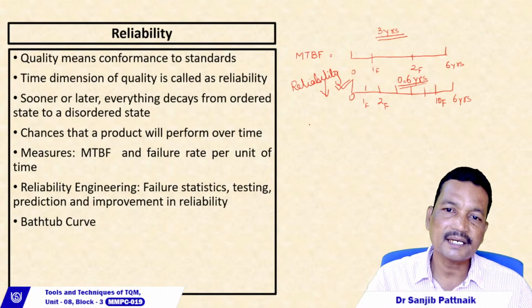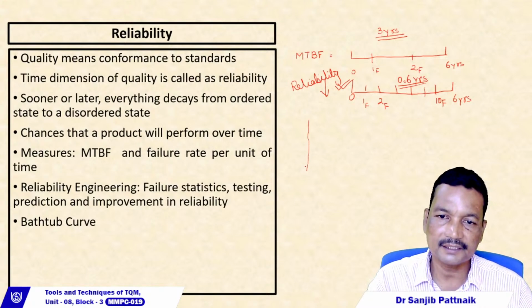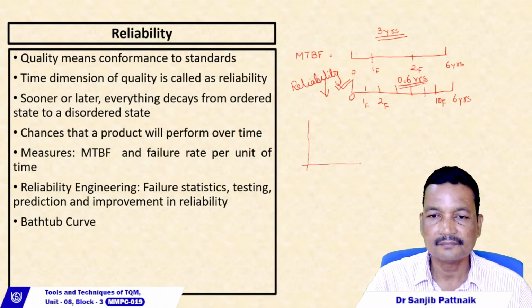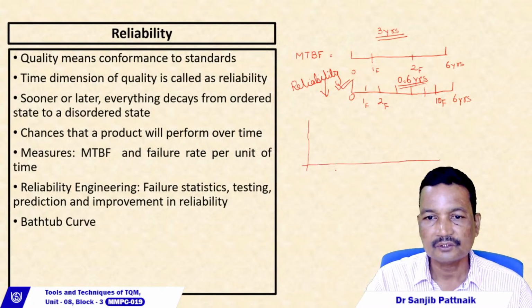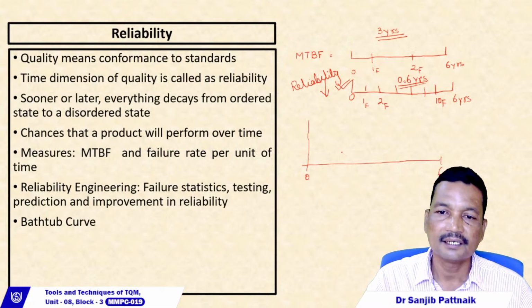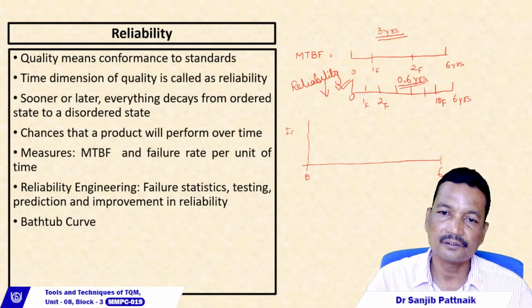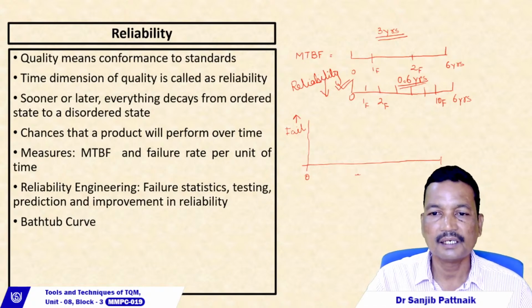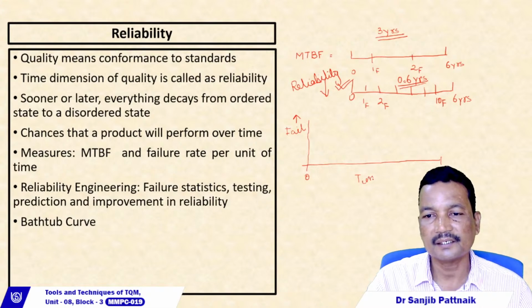We also say reliability is a bathtub curve. All of us might have seen. Suppose this is a product's life cycle of 6 years, and this is failure. And this is time I am taking.